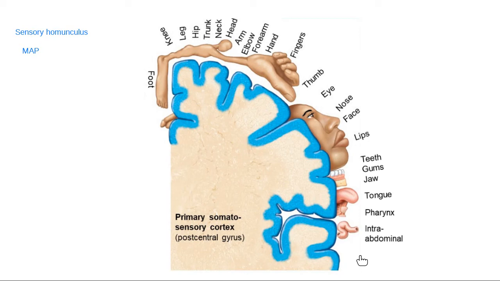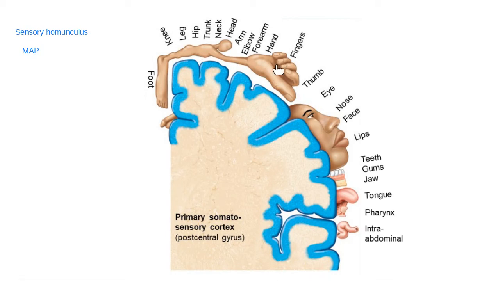The biggest part on pretty much everyone's body is things like your torso. The size of the torso on this map compared to the size of the face, for example, is not the same as in the human body. And the hands are just as big or bigger than the entire torso. When you're looking at this map, keep in mind that the sizes of the parts of the body on this map give us an idea of how much sensory information is coming back from each part of the body.